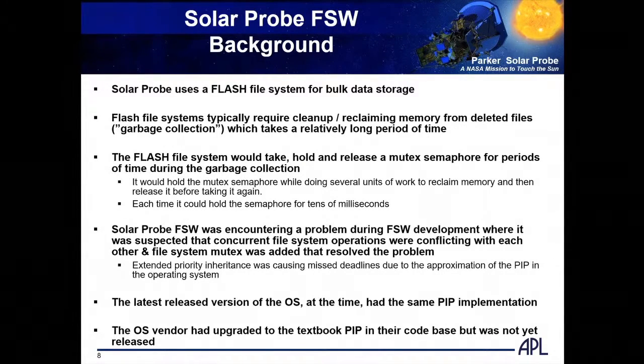The priority was elevated, and extended for the amount of time that it held our file system semaphore. So in a real-time system, that's a very problematic condition, and we would have health monitoring effects, and ultimately it could potentially lead to a reset or not meeting certain deadlines.